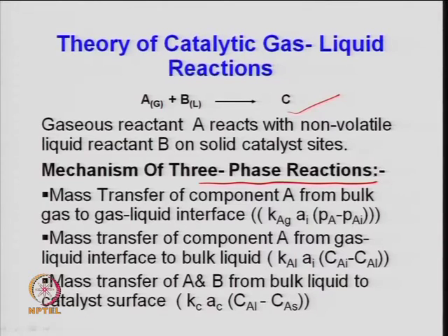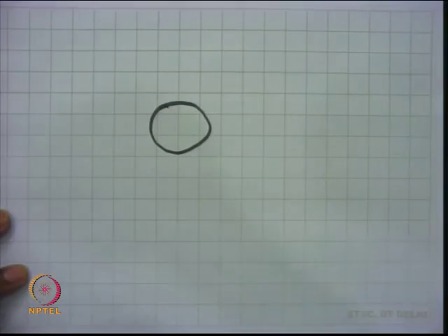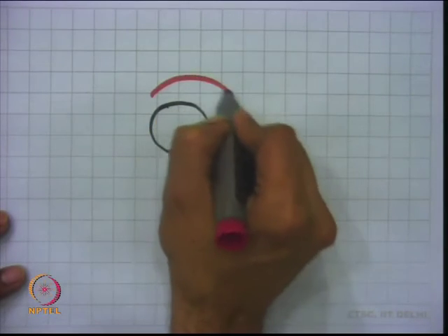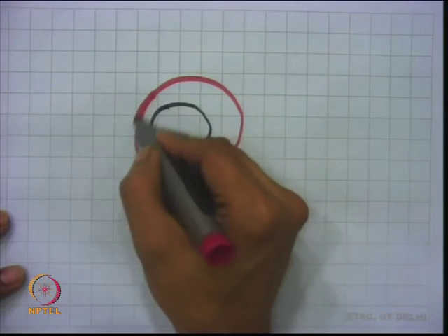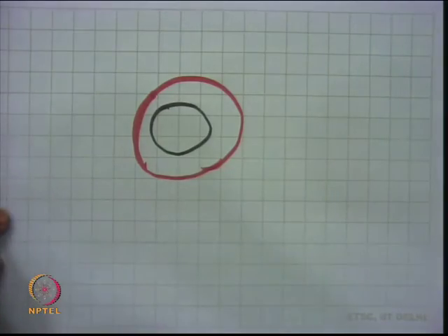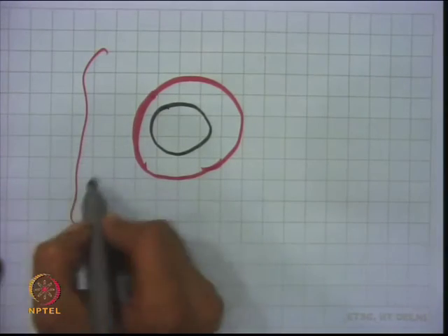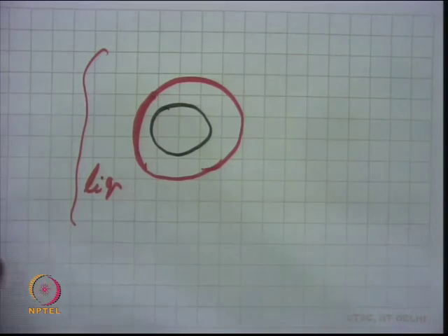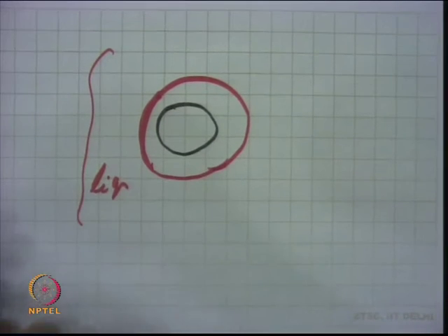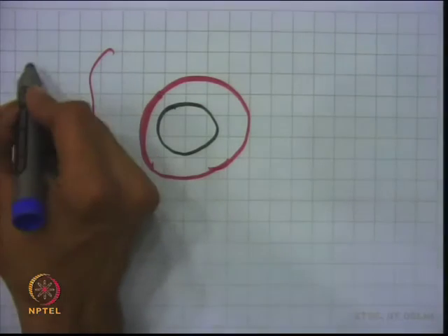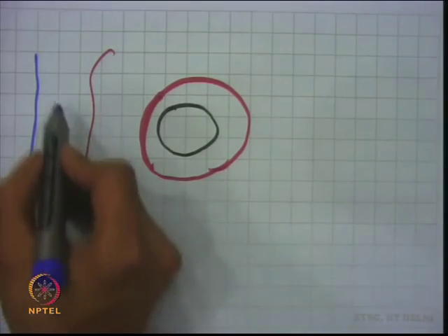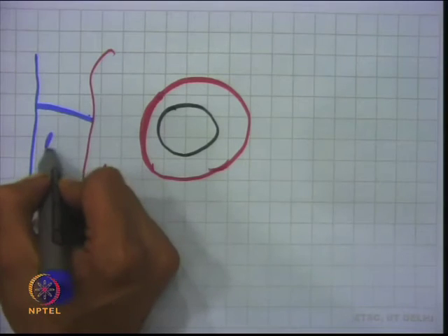The first step I discussed is the mass transfer of component A from the bulk gas to the gas-liquid interface. Sketch-wise, if I just show you again, this is a solid catalyst where you have a uniform film of the liquid, and then you have the bulk liquid. Here is a kind of interface, and this is your liquid film.